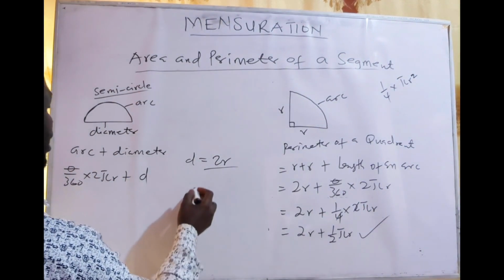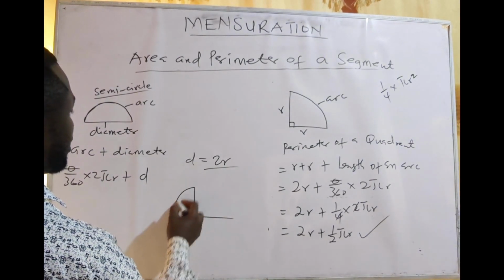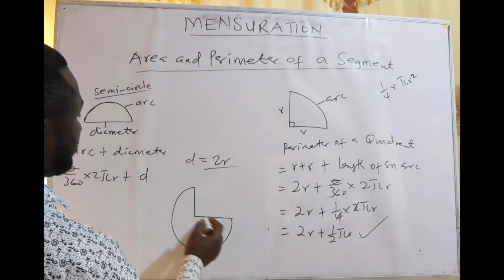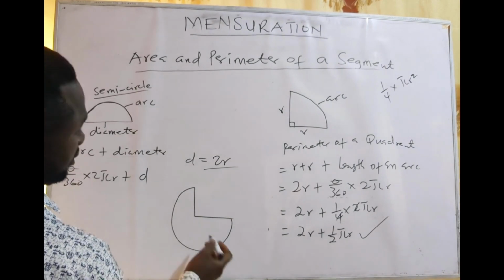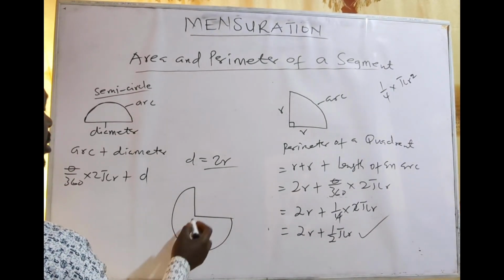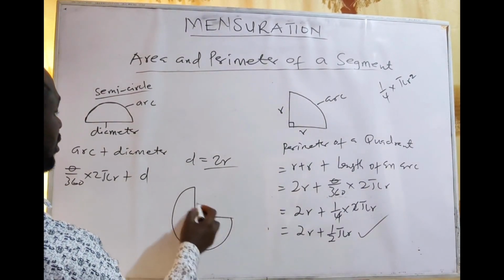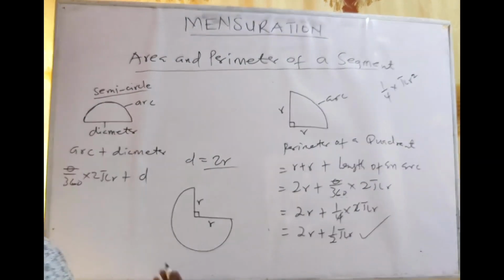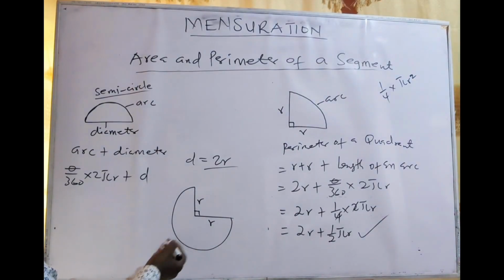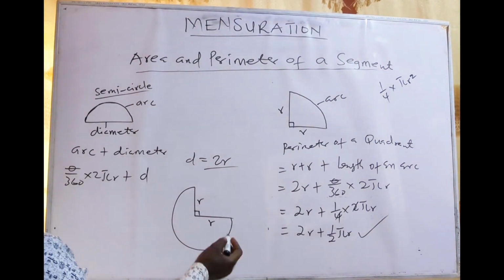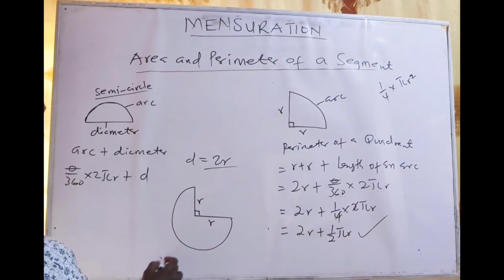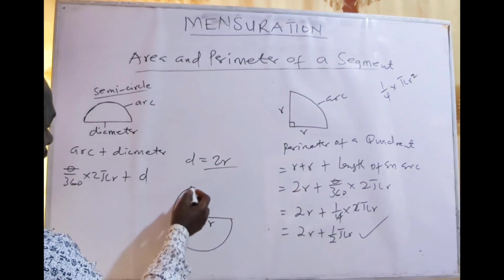Sometimes you can draw a diagram like this, showing 1/3, and then you'll be asked to find the perimeter. You have the radius, then the length of the arc, so you calculate the length of the arc. This is the radius plus the length of the arc.